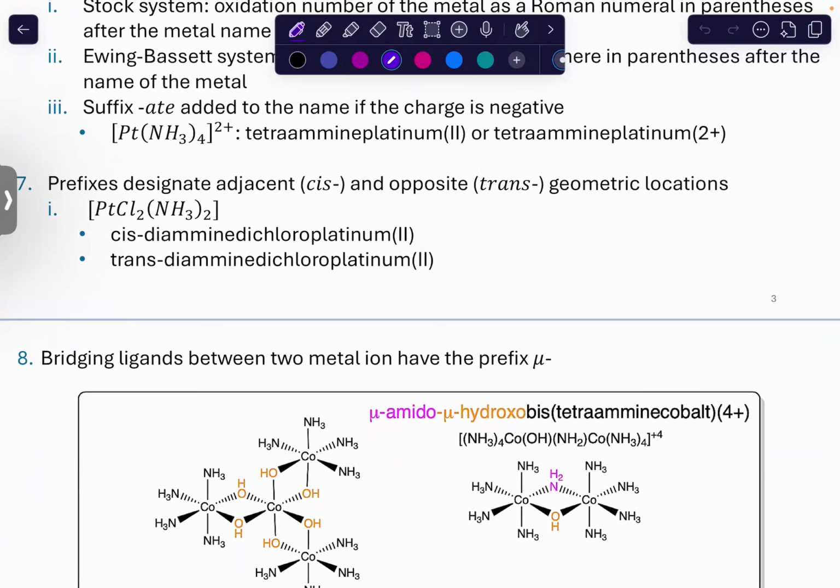You already know this, but it's in there, so I'll make sure I include it. Your prefixes that designate adjacent or opposite are cis and trans, and those are based off geometric locations of your ligands. So here, PtCl2(NH3)2.